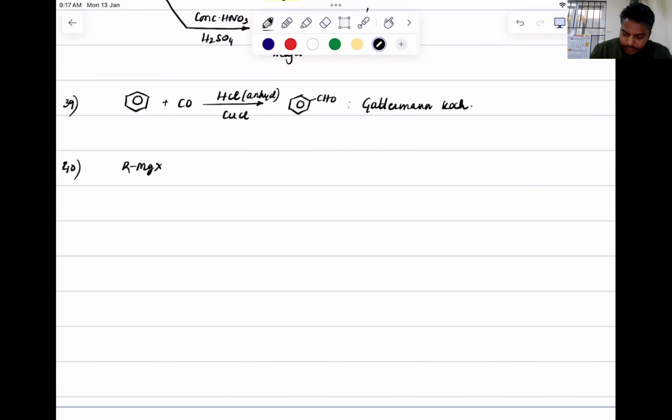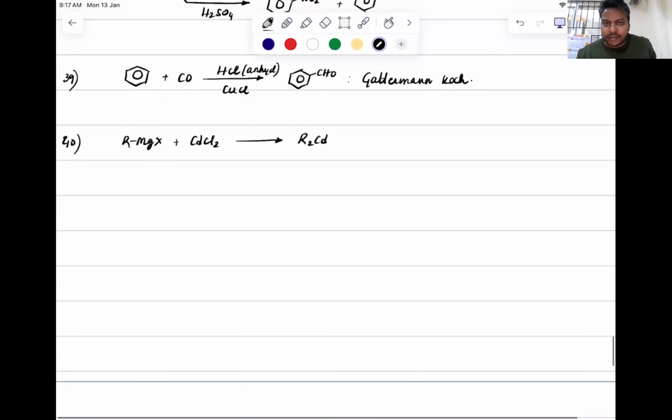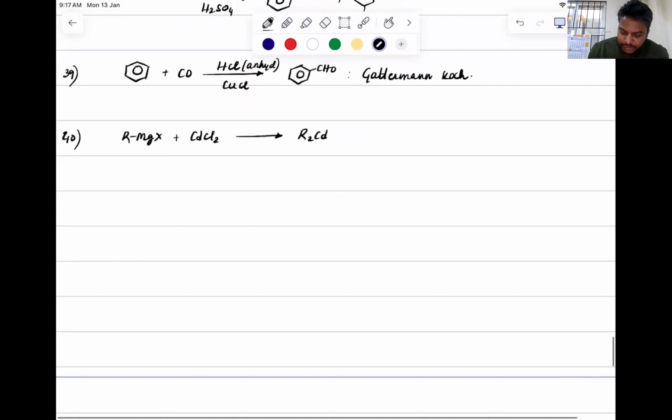RMgX, if you treat this with CdCl2, cadmium will be a much better organometallic complex with organic carbon as compared to that of magnesium. So you will get this as R2Cd.